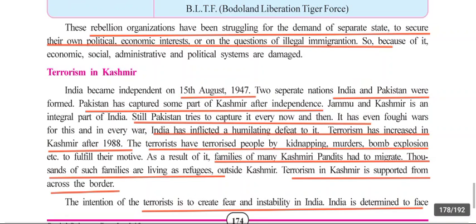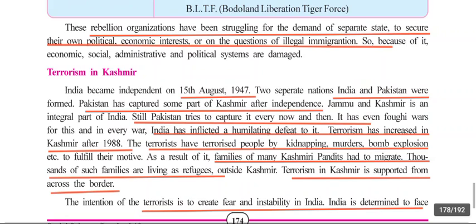Terrorism in Kashmir. India became independent on 15th August 1947. Two separate nations, India and Pakistan, were formed, and just after getting independence, in just a month or two, Pakistan attacked Kashmir, and today's Pakistan-occupied Kashmir was captured by Pakistan at that point in time, and therefore the issue of Jammu and Kashmir is still standing.